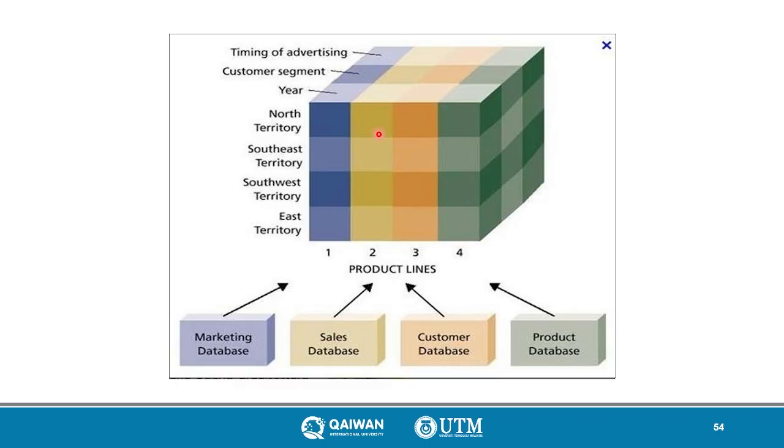Now, this is also another example: marketing database, sales database, customer database, product database, for example, 1, 2, 3, 4. This would be the product line, and we would have time, advertising, customer segment, a year, and North Territory, South Territory, Southwest Territory, and East Territory. So again, this is the representation of the data.